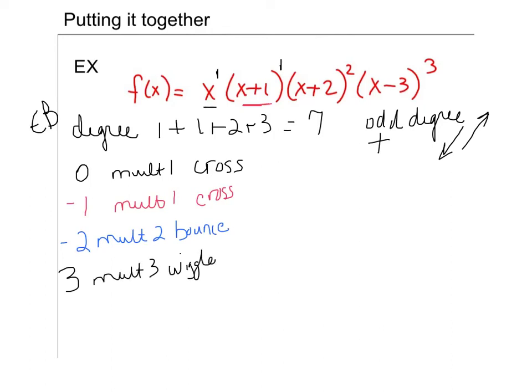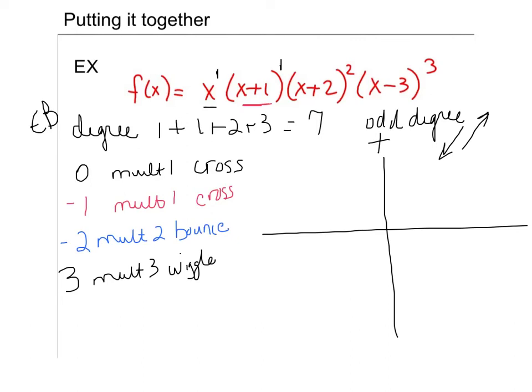Now, you're not getting an exact graph, I mean, you can do that on your calculator, but you're going to at least know what directions things have to go. It's like a little puzzle putting it all together.